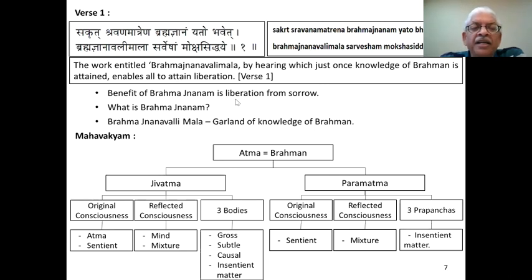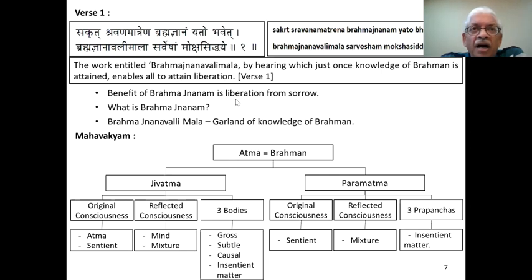The second part is the reflected consciousness, which is called the mind. Like, for example, suppose you see yourself in the mirror, you see a reflection. Similarly, Atma has a reflection in the mind, in all the minds, all human minds, animal minds also. Wherever there is a mind, there is a reflection.